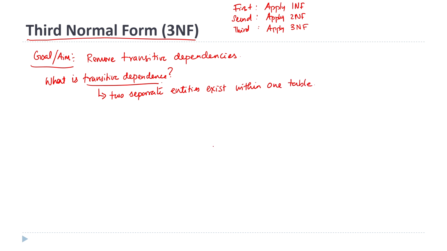So, there is one database table, one single database table in which two separate entities, or two separate items that have physical existence, exist within the same table.